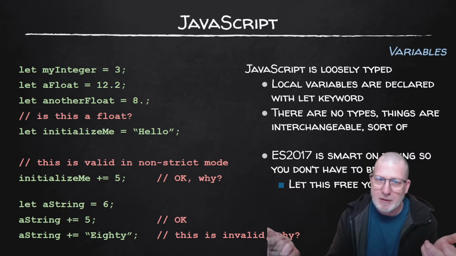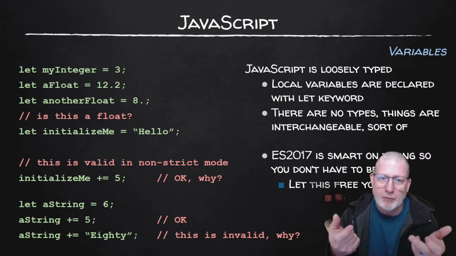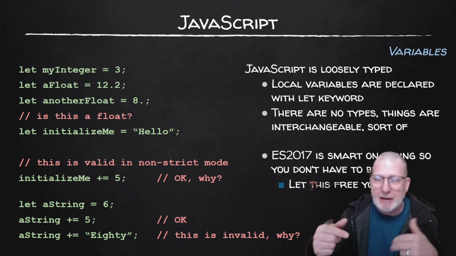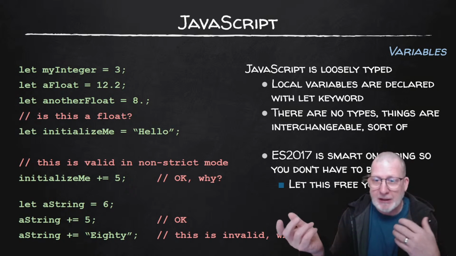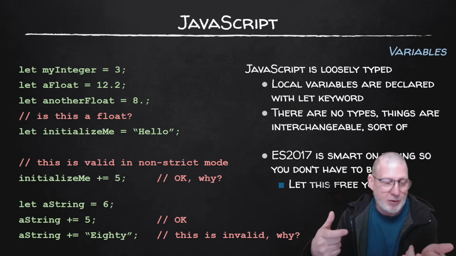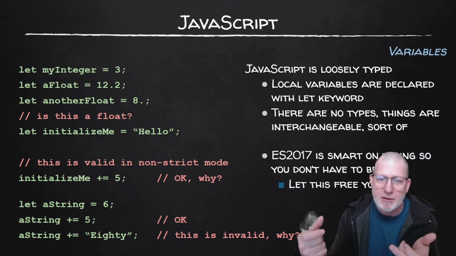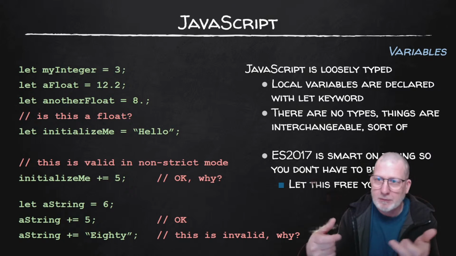So it just adds the string 5 to the end of hello, so you've got hello 5. In the second instance, you've got a number, which is 11, and you're adding a string to that number 11. So when it looks at the number, it says, can I convert the string 80 to a number? And it doesn't know how to do that. So that's why it fails.